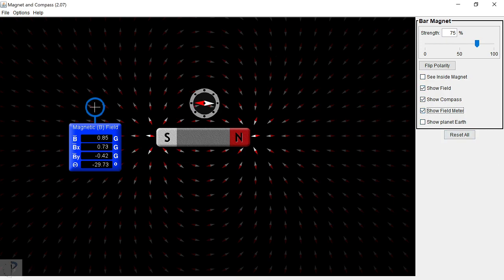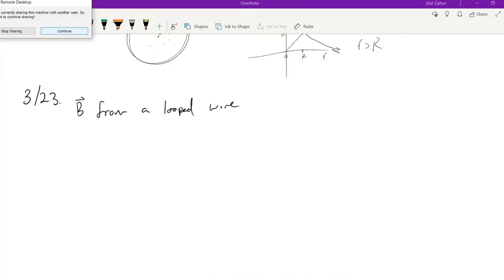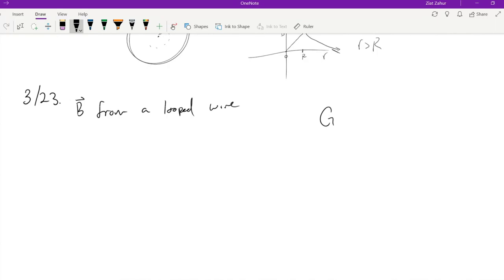It's named after a famous scientist. Actually, we've been using his law for quite some time now, for other things. Capital G is the Gauss. Yep. And 1 Tesla is equal to 10,000 Gauss.